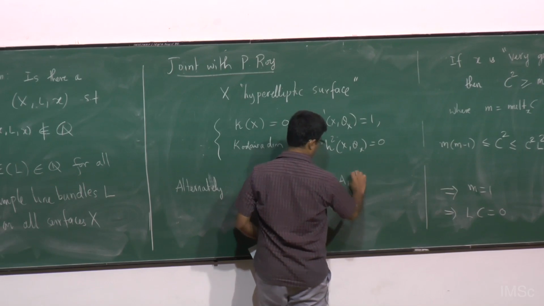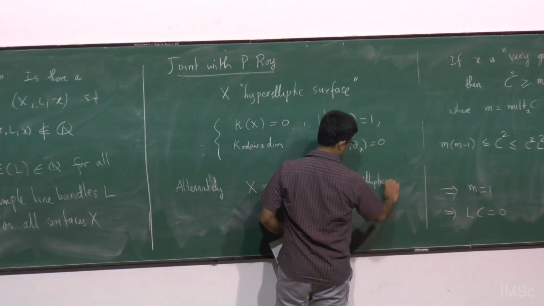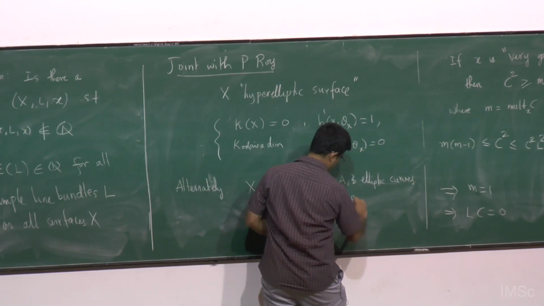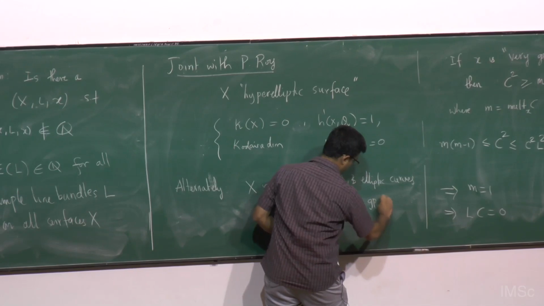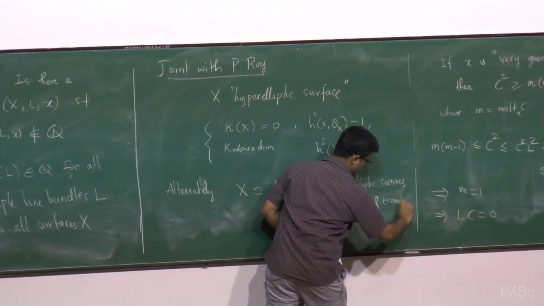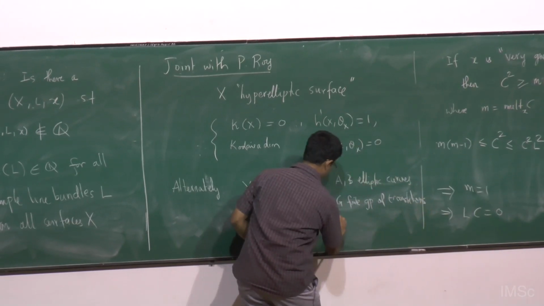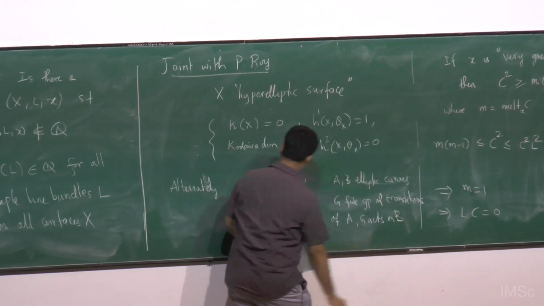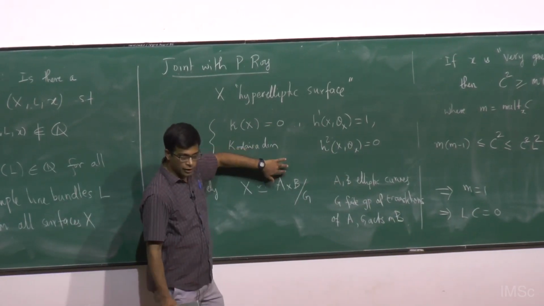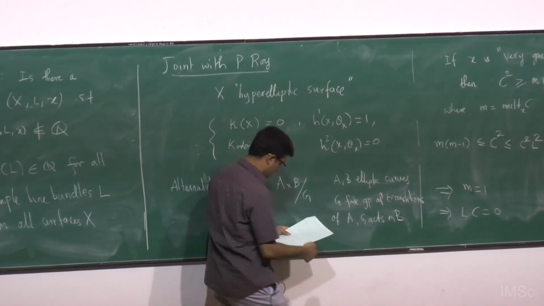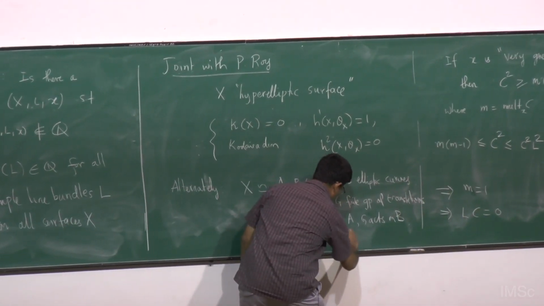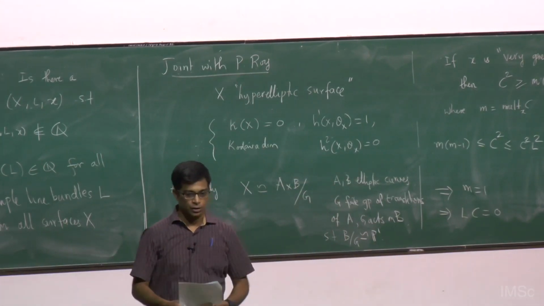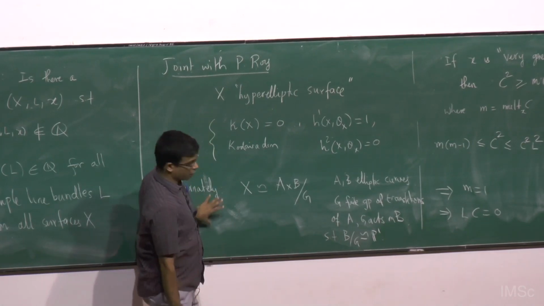So A and B are elliptic curves, and G is a finite group of translations of A, and G acts on B such that B mod G is P1. So it's known that these are equivalent descriptions.